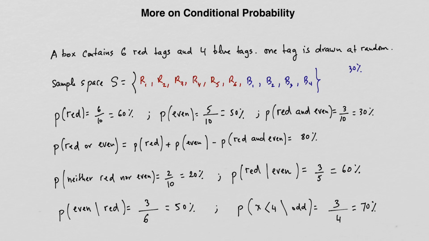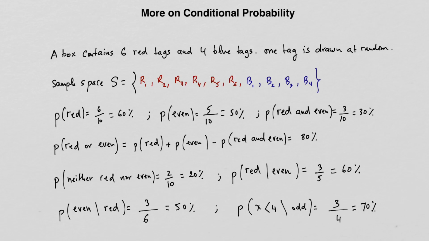So 30% divided by 60% is 50%. Right? 30% is 0.3, 60% is 0.6, 0.3 over 0.6 is 3 over 6, which is 1/2, which is 50%. So if you want to use the formula, feel free, but you don't have to.